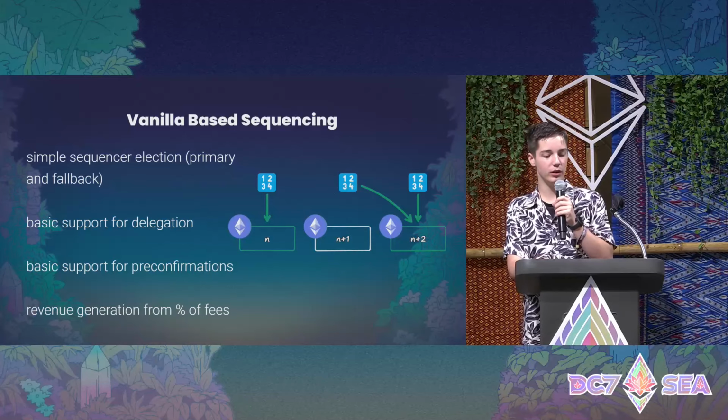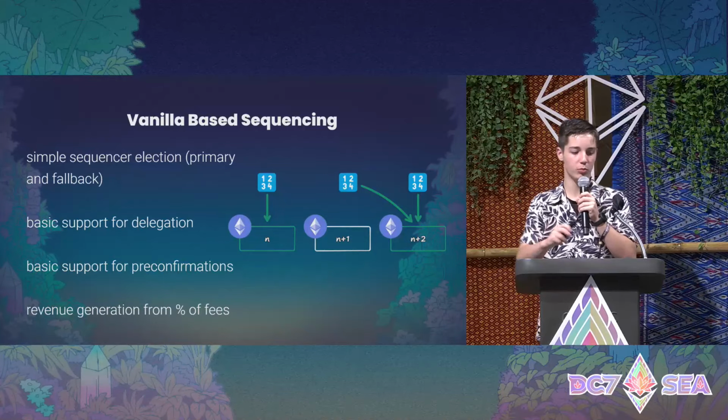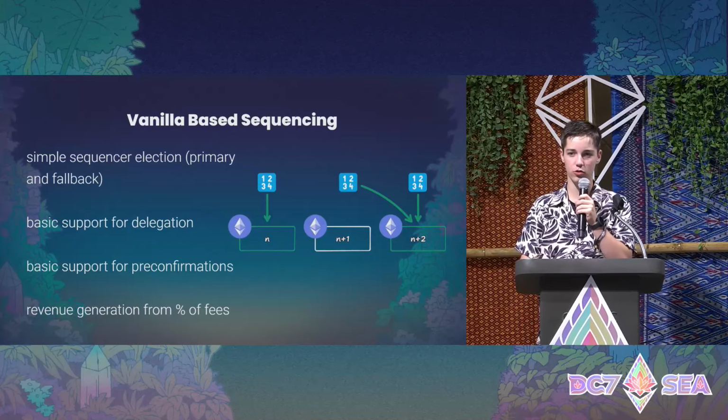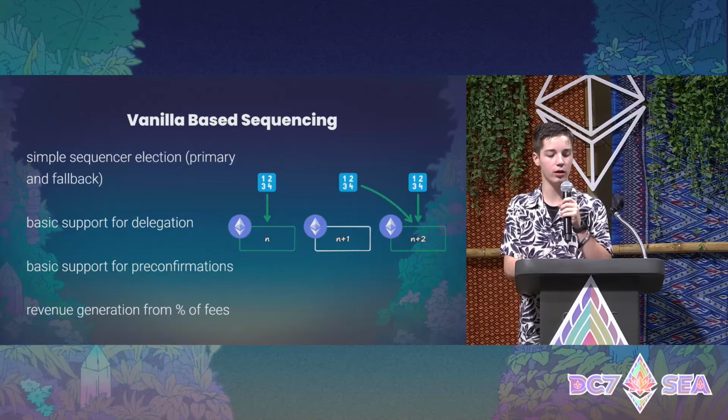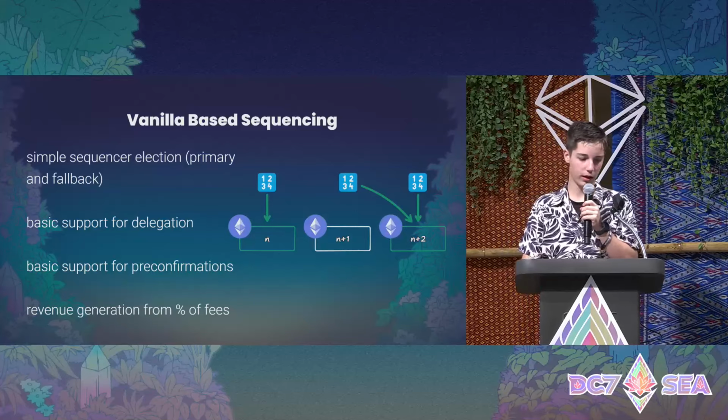That gives us the ability to choose a sequencer based on some rule. We have a primary rule, and then we have a fallback as well. So the fallback in vanilla based sequencing case is just total anarchy. So there's still some total anarchy here. And the primary sequencing is based on some election mechanism that is not clearly defined and kind of left to implementation in the initial research.